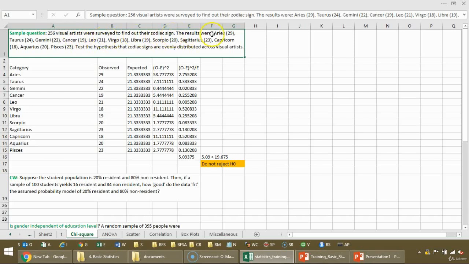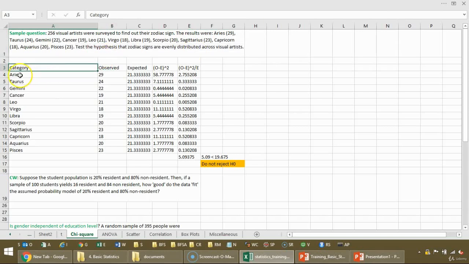The result was Aries 29, Taurus 24, and so on. And it has been said to test the hypothesis that zodiac signs are evenly distributed across visual artists. This is the hypothesis we have to test. Okay, so let us go and start.